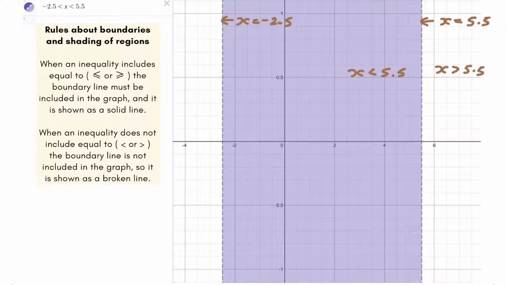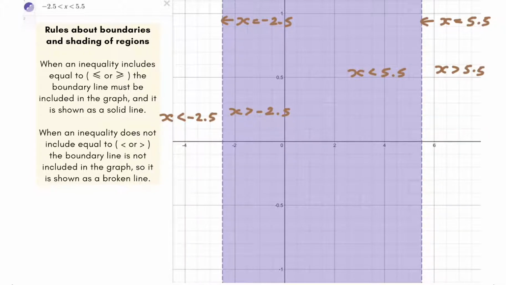Similarly, for the line x is equal to negative 2.5, this region is x greater than negative 2.5, and the other part would be x less than negative 2.5.